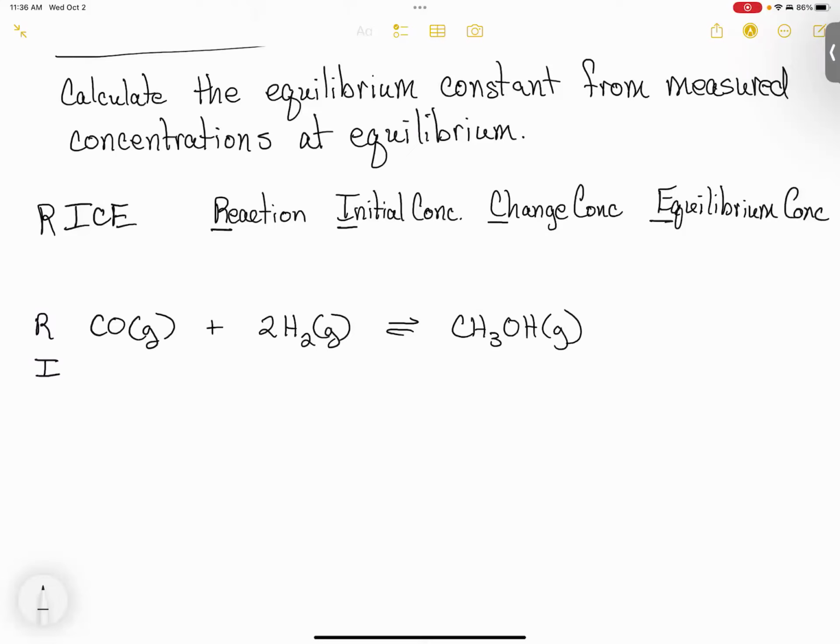Initially, our concentrations are 0.500 for the carbon monoxide, 1.00 for the hydrogen, and since this is an initial reaction, you would expect it to be 0.00 for the product. Now, for the change in reaction.